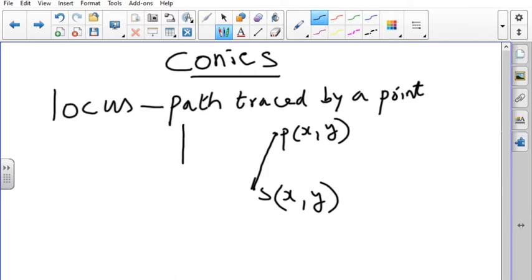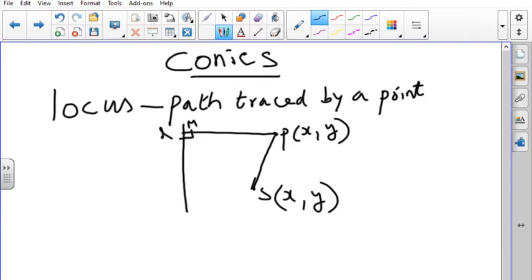Now take a fixed line L and draw a perpendicular from the moving point to the fixed line. Take this point as M. So draw a perpendicular from P to the line L. PM is the perpendicular distance.